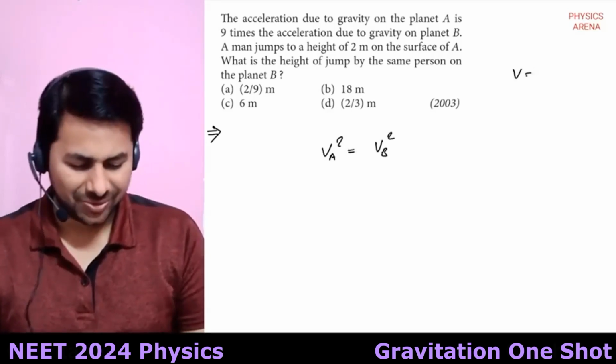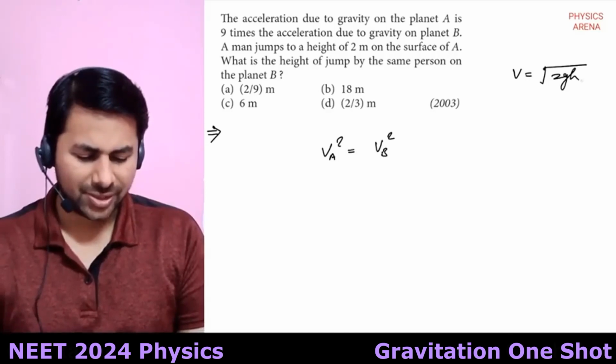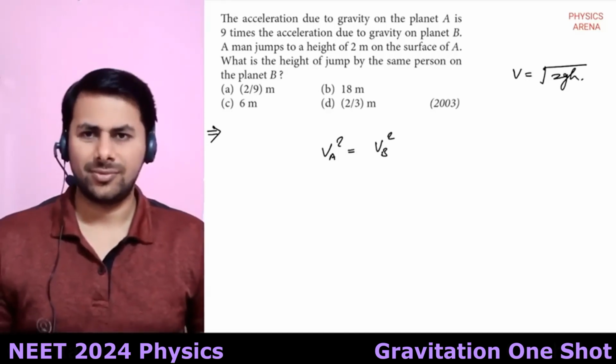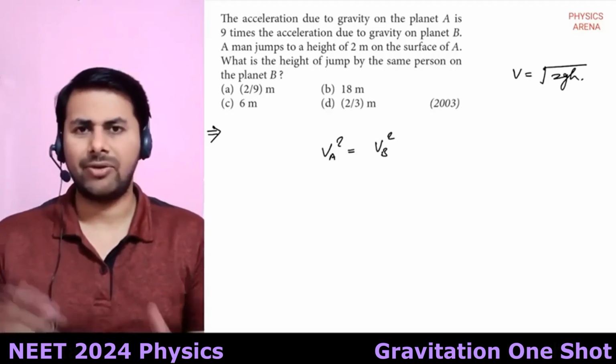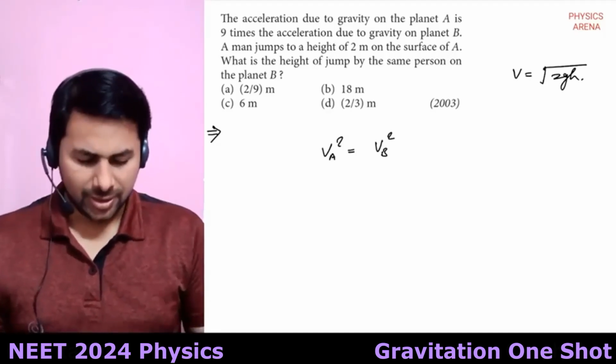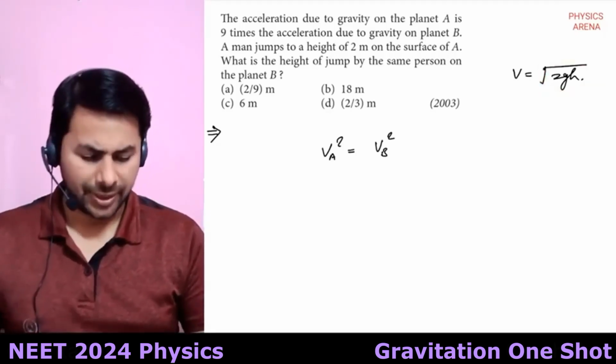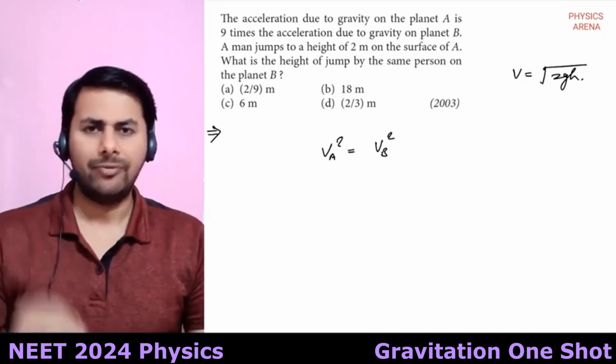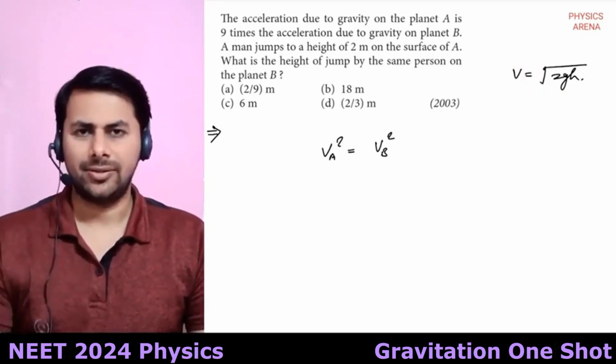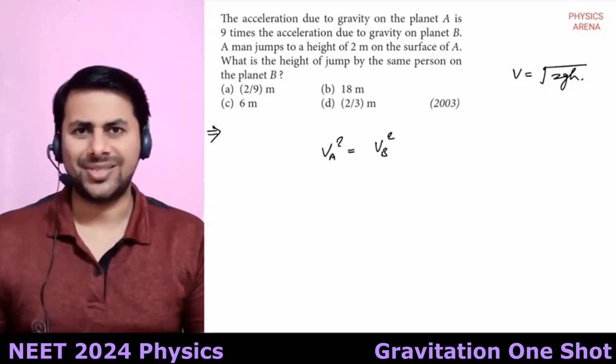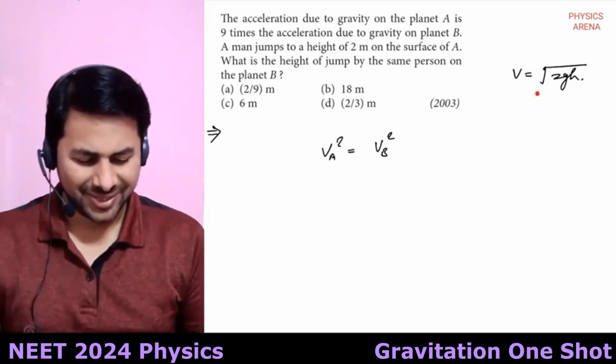Why? Because v is equal to root of 2gh. We want to find height, and we are given acceleration due to gravity, so this formula will do. Because the man will jump with the same kinetic energy, the energy of jumping on both planets is the same, right?